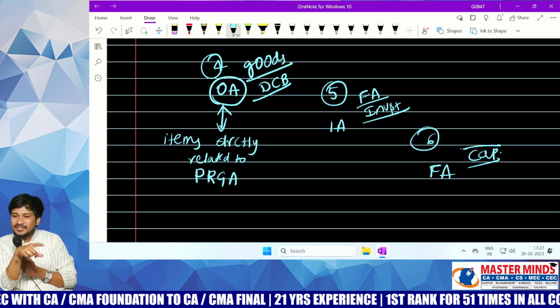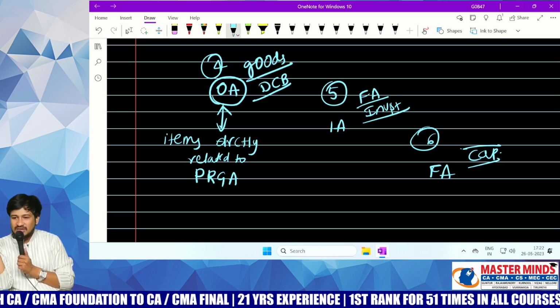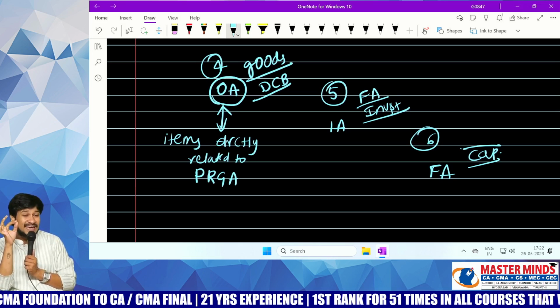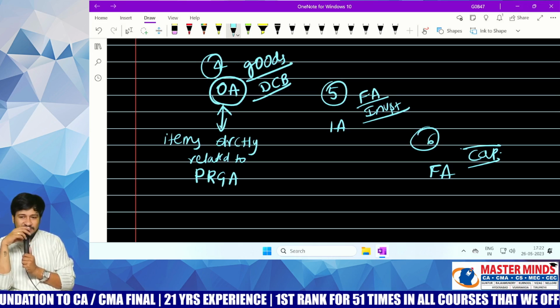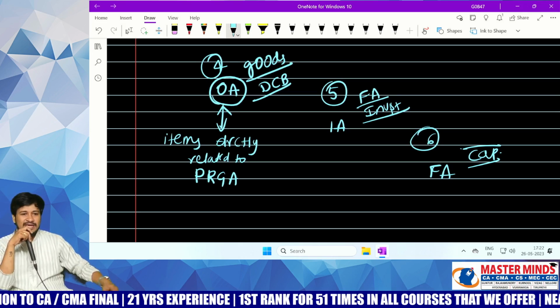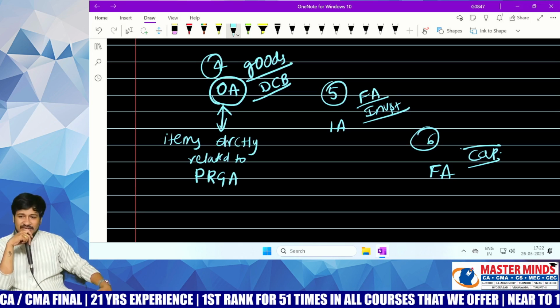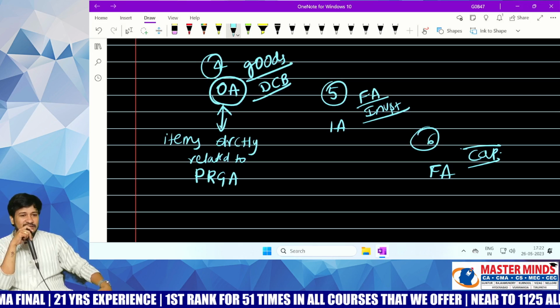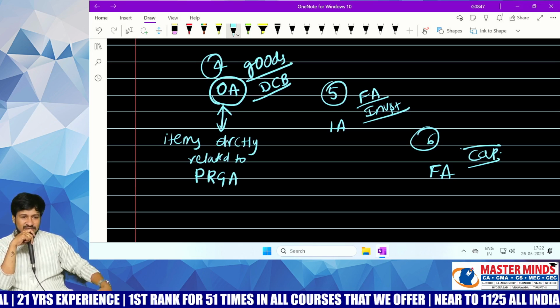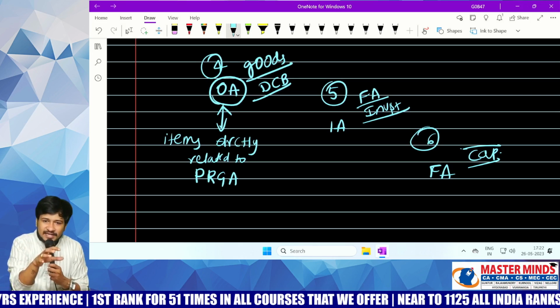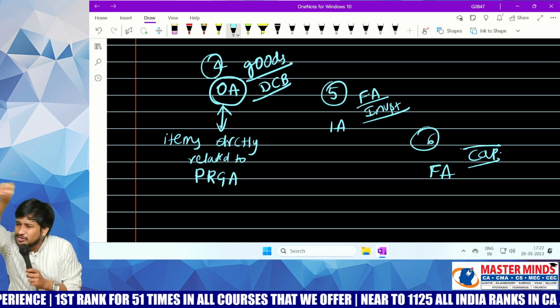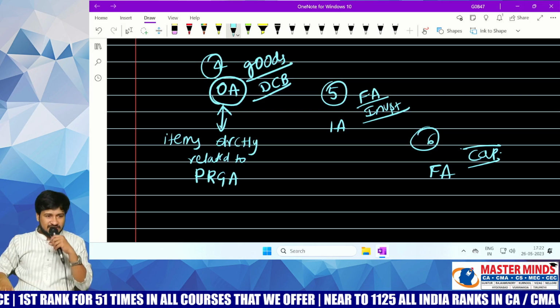So those activities which are directly connected to sales will all be called operating activities. Those items which are connected to the generation of sales are all called operating activities.